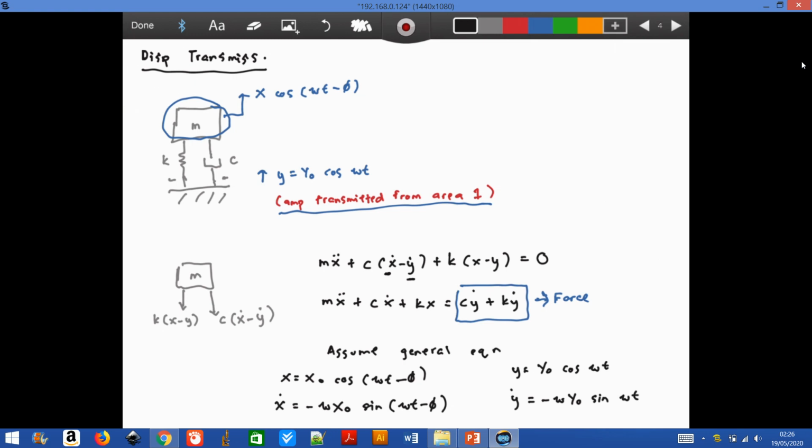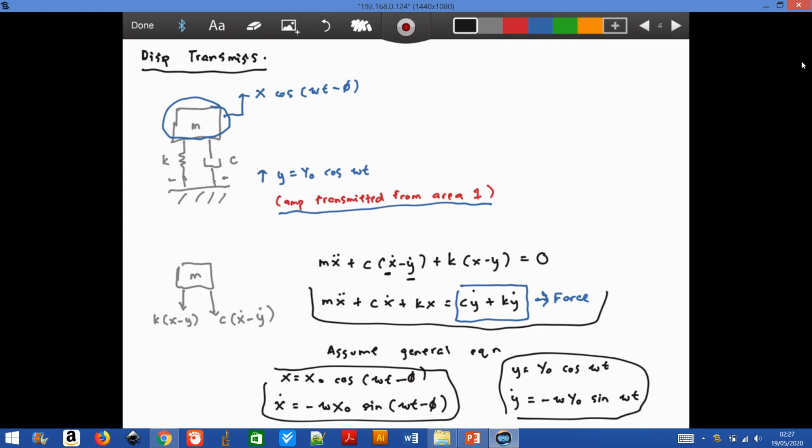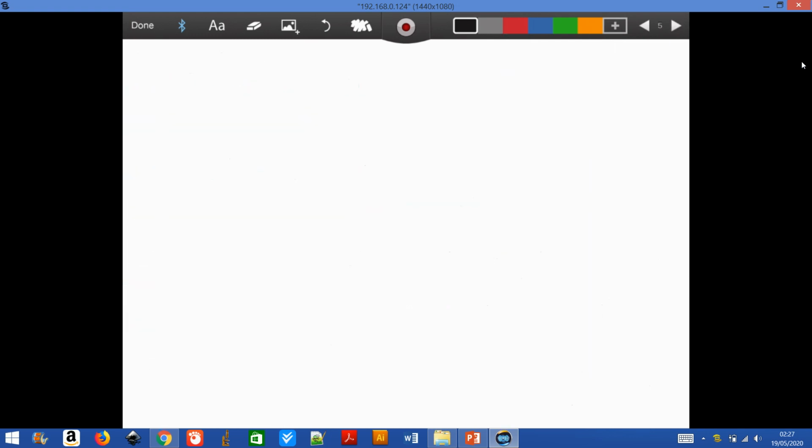So if I put these general equations into the governing equation, which is this one, I will end up with the equation: (negative m omega squared plus k) squared plus (c omega) squared, times xo squared, equals yo squared times (k squared plus (c omega) squared).